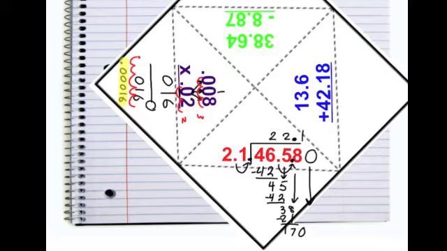So I'm going to round. 21 goes into 170 about 8 times. And so when I round my solution, I'm going to round from my tenths place and say that my final answer is 22.2, or 22 and 2/10.